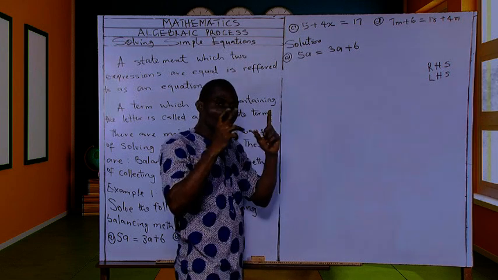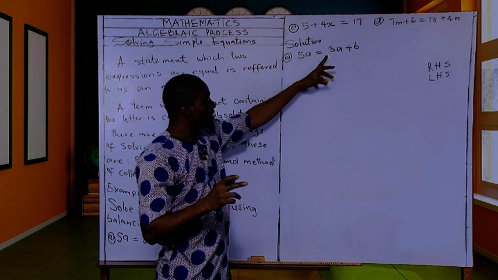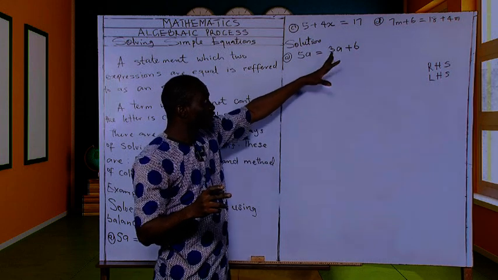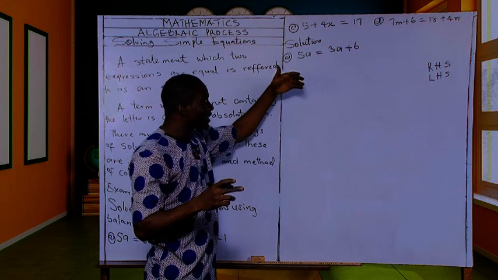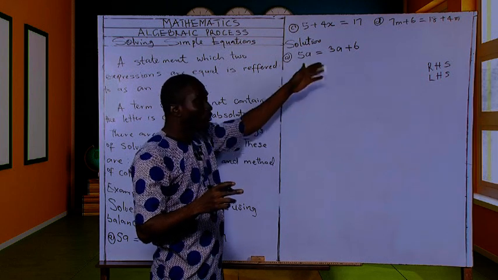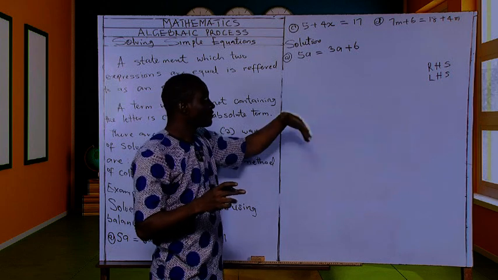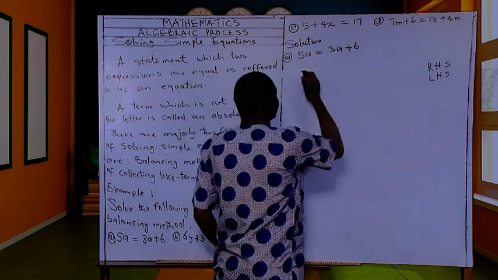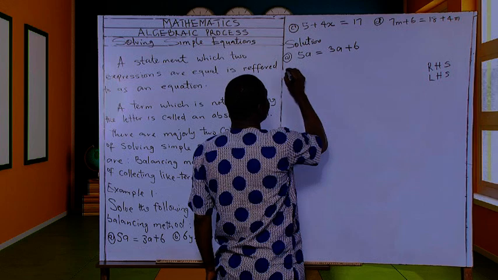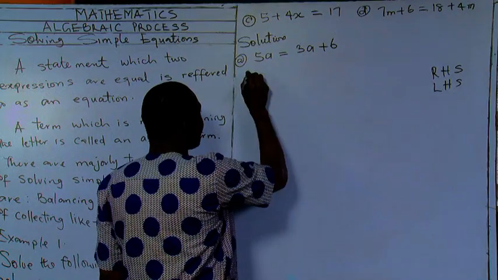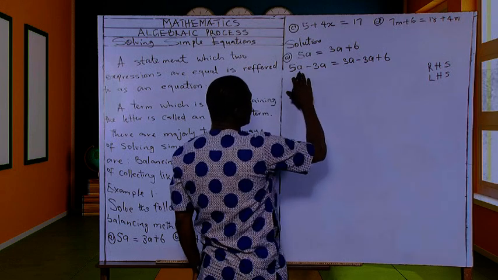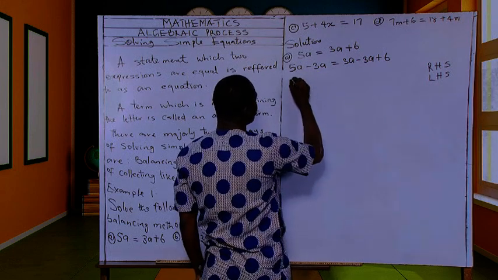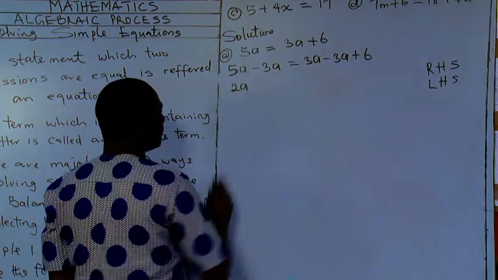It's carrying out plus 3a, that is, addition. So it means we are going to subtract 3a from both sides. Then this will give us 5a minus 3a, which will give us what? 2a.